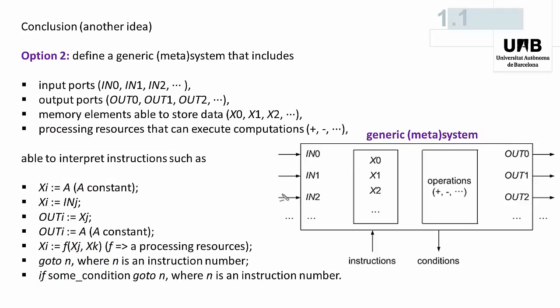a conclusion. The fact that many digital systems can be defined by algorithms with some common characteristics suggests another way to implement them. Instead of designing and implementing a new specific circuit for any new system that we want to implement, we could first design a generic system.